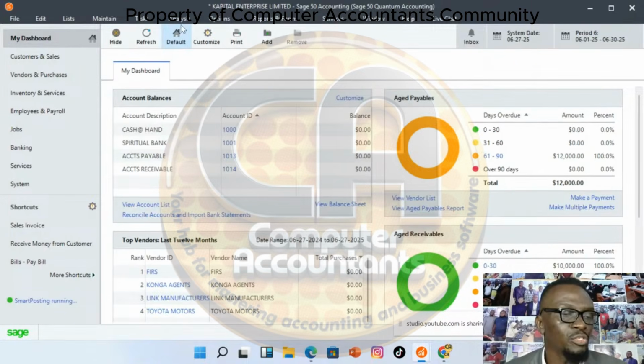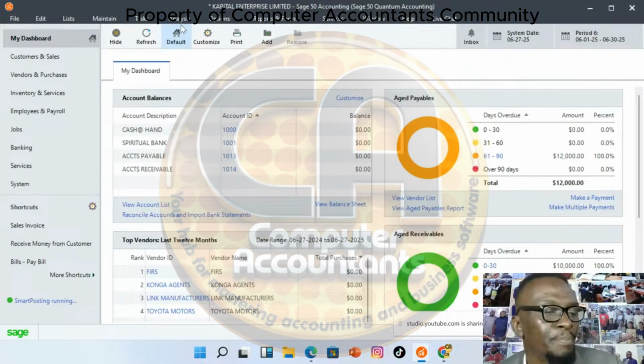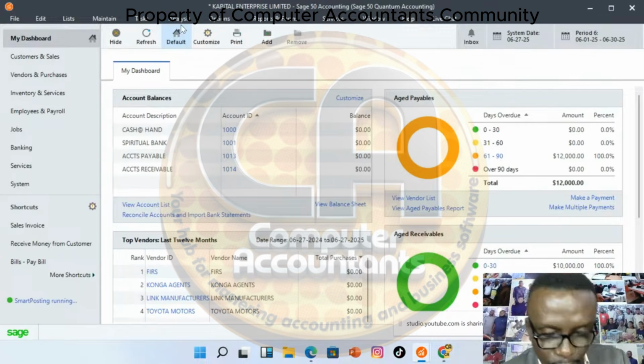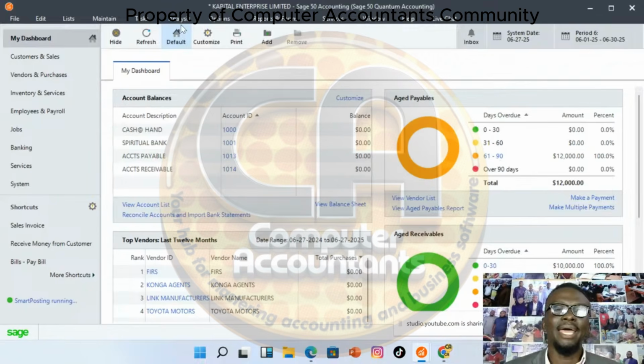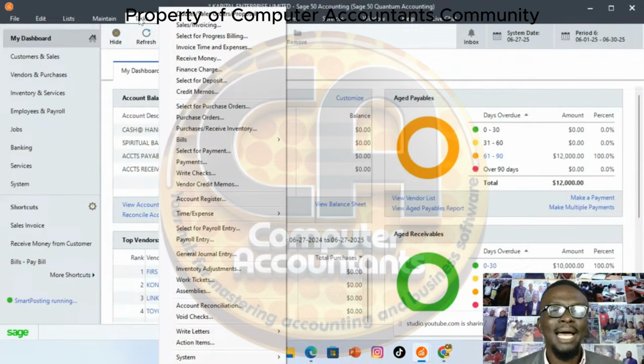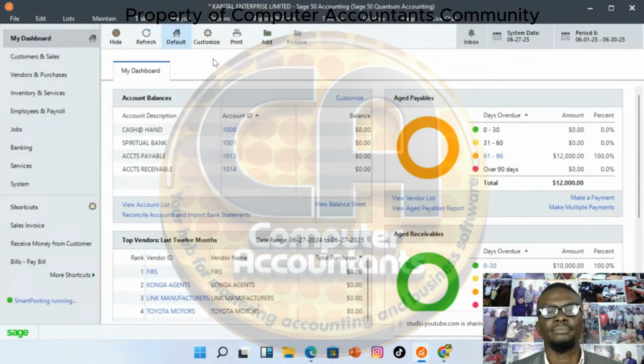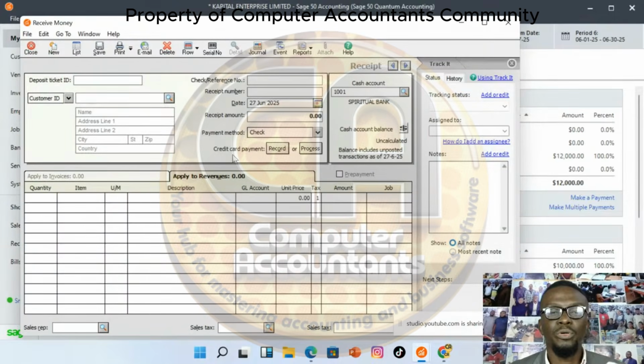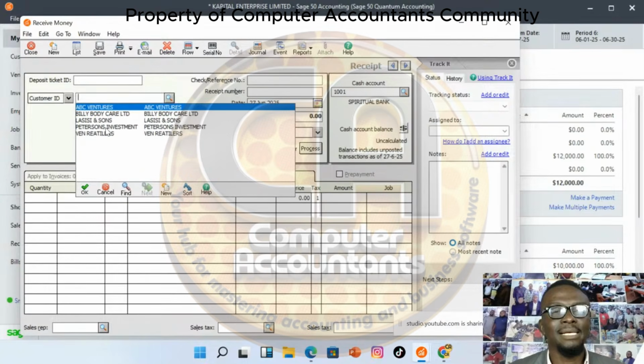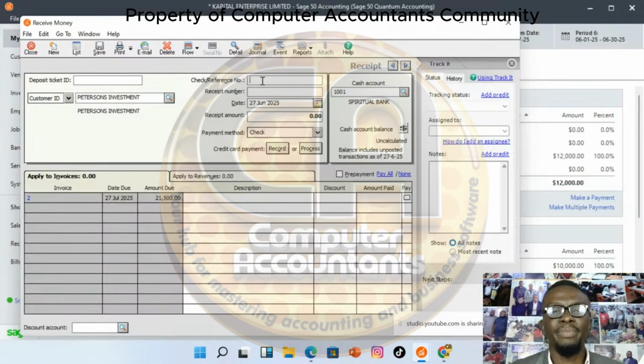Then the next question there is Peterson. Peterson is also paying us by check, 20,000 naira. So you go back to that, we are receiving money from our customers. Click on receive money. Okay. So you have Peterson. You are receiving money by check from Peterson.